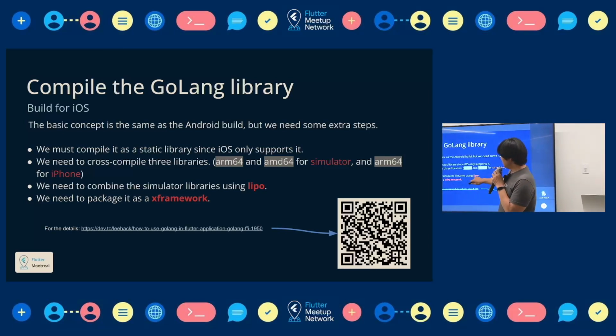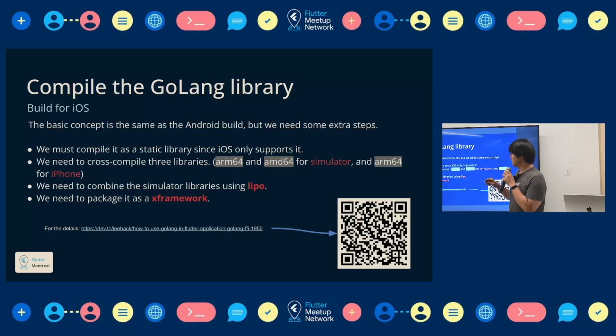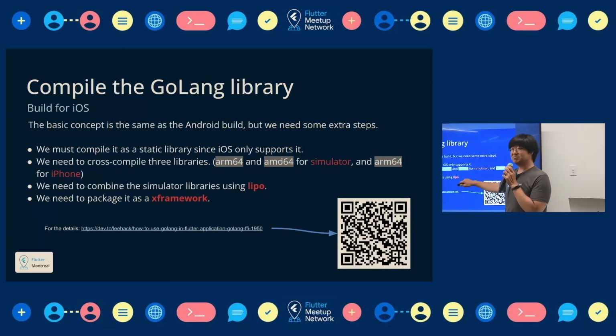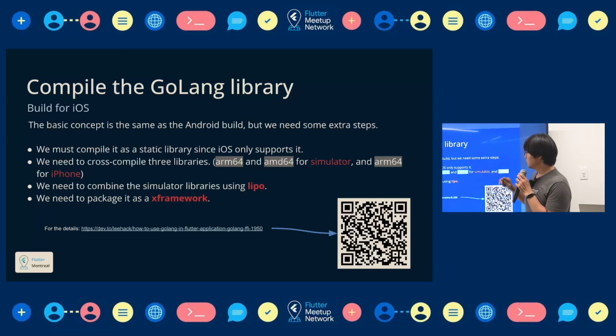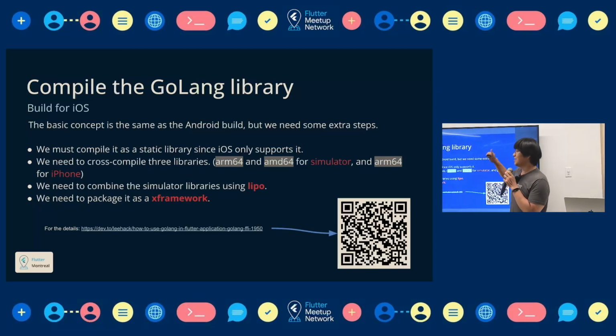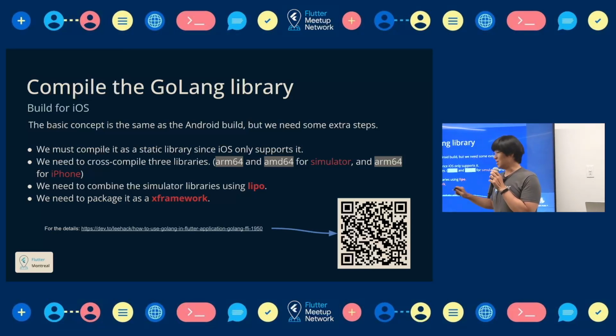And the other one is lipo. It took some time to understand what it is, but basically what it does is merge these two libraries into one library. So for the simulator, I'm going to have one library that can run for both. And I need another merge, making a library package, an XCFramework.